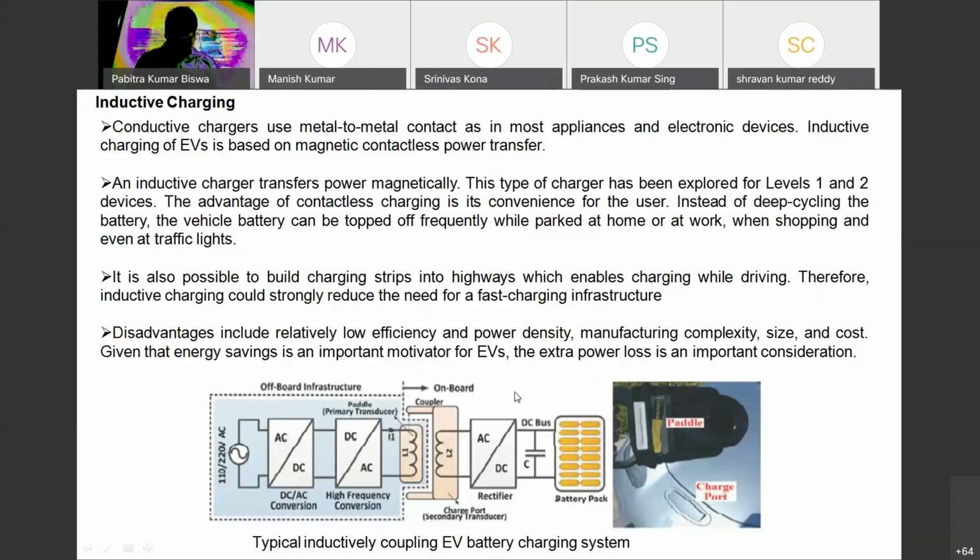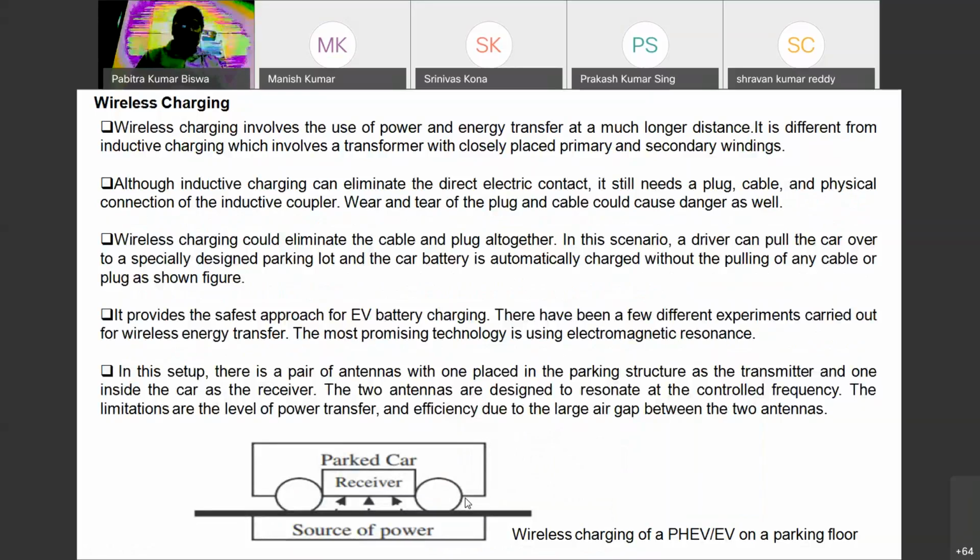This side is on board, with AC to DC, and this is the DC bus capacitor, and then the battery pack. When the battery is fully charged, it will be considered in a similar way with DC to AC, and in this way it will be bidirectional.